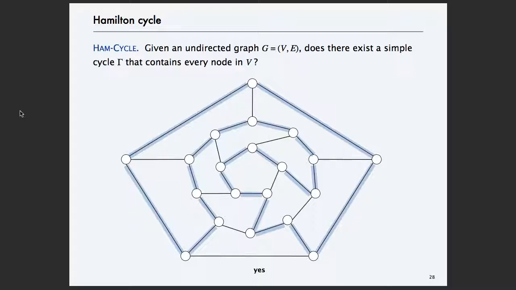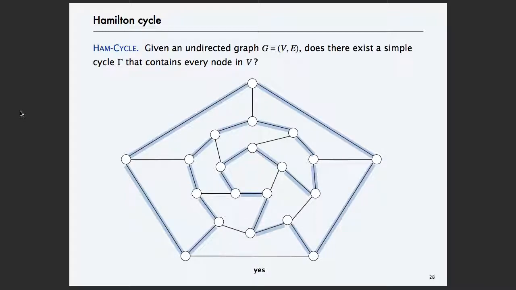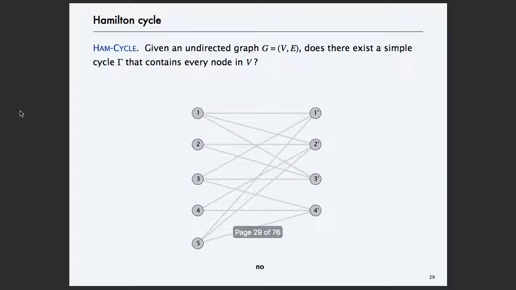Hamiltonian cycle. Given an undirected graph with vertices and edges, is there a simple cycle that contains every node in V? Simple as in you cannot use an edge more than once. It's easy to see on something like this because they put it pretty. When you see something like this, you say, oh God.